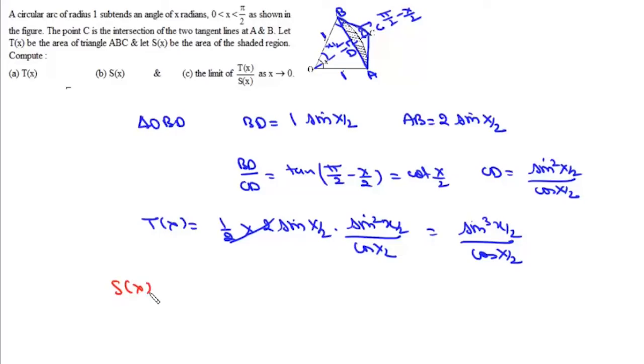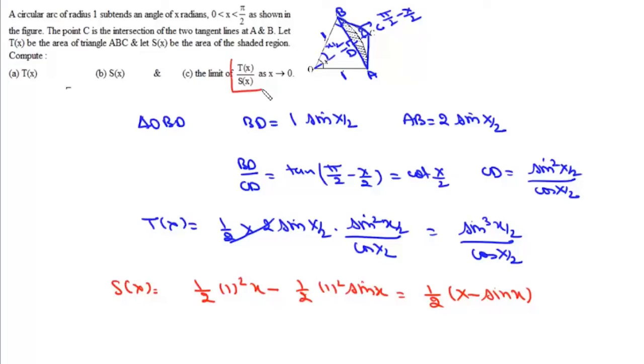Now we'll find Sx, which is the area of this shaded region. Now the area of this sector, which is 1 by 2 r square theta, minus the area of this triangle, which is 1 by 2 1 square sine x. So it will be 1 by 2 into x minus sine x. Now we need to find this limit Tx upon Sx as x tends to 0.